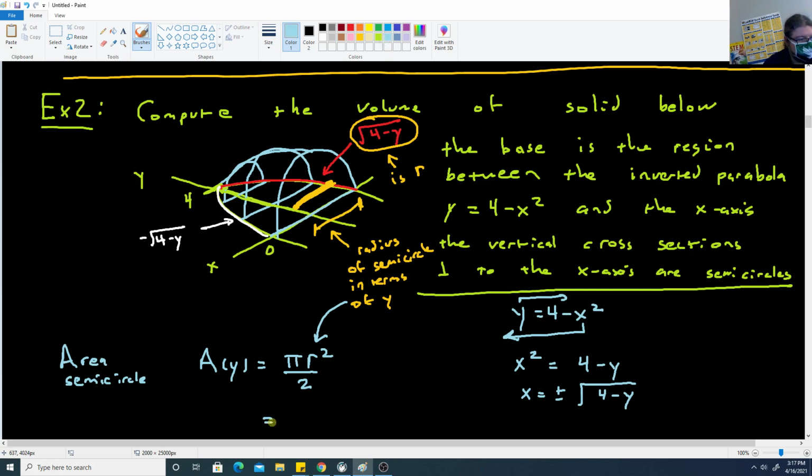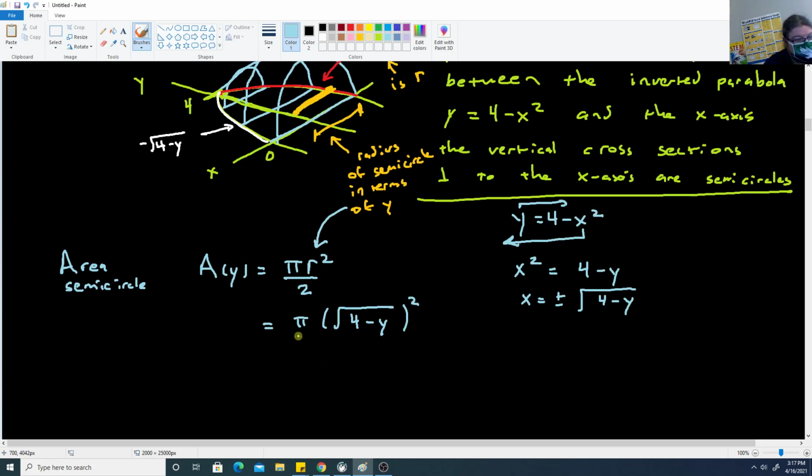So this will give us pi times the square root of 4 minus y, the whole thing squared, since we're using this for our r, divided by 2. We'll write it as pi over 2. When you square a square root, that cancels out, so we get pi over 2 times 4 minus y.